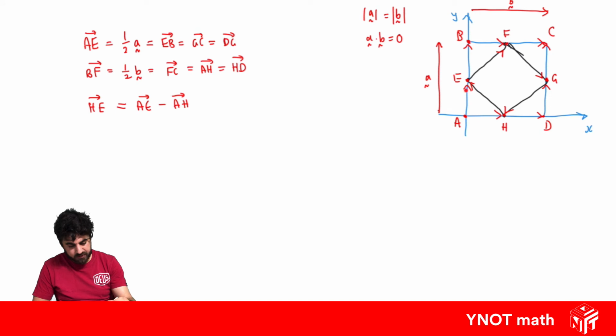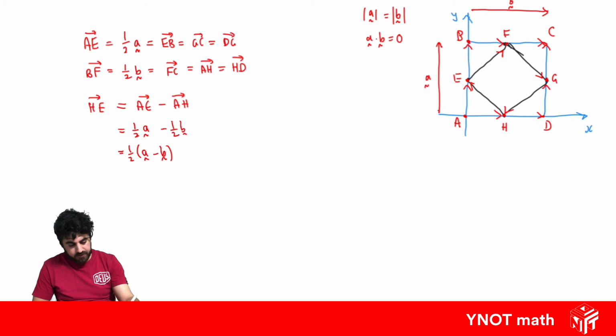So we've got vector AE minus AH gives us this vector HE. We know that AE equals a half of A, and we know AH is a half of B. So this is just a half of A minus B.